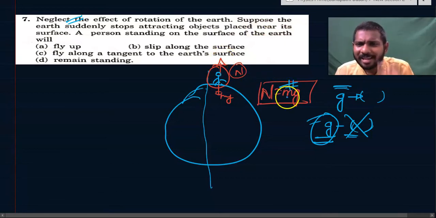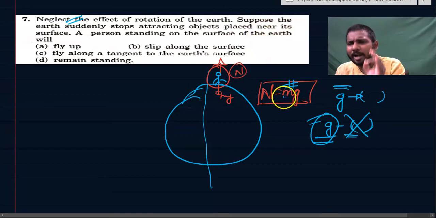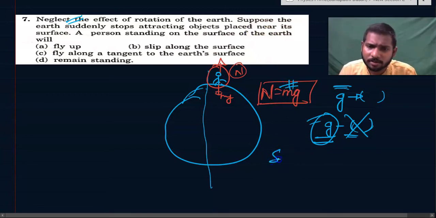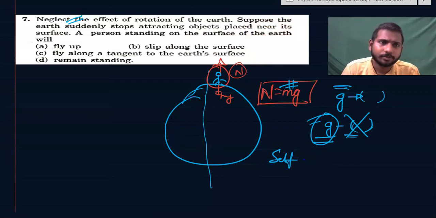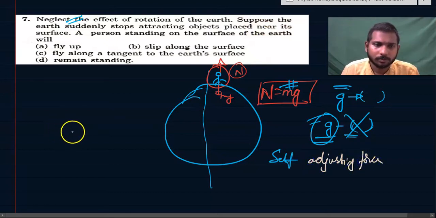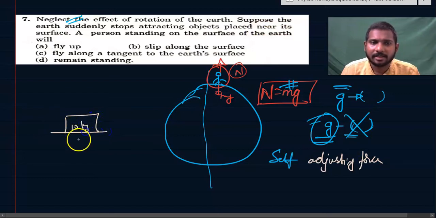But my dear student, understand this fundamental point here. Normal reaction is a self-adjusting force. Suppose you keep a 10 kg block here; there will be 10 g downwards, and normal is equal to 10 g.